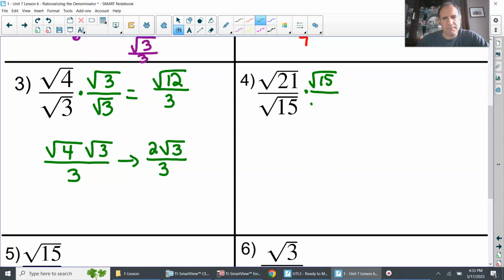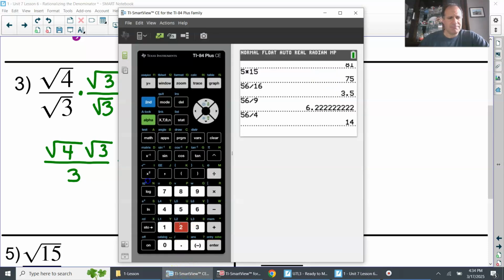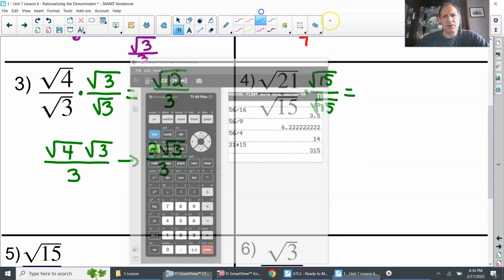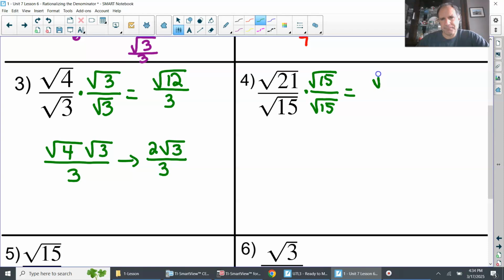Square root of 15 over the square root of 15. I don't know what 21 times 15 is. Don't know. That is 315 over 15.